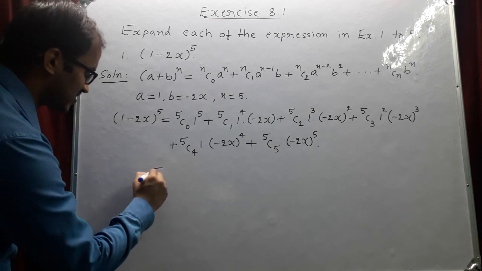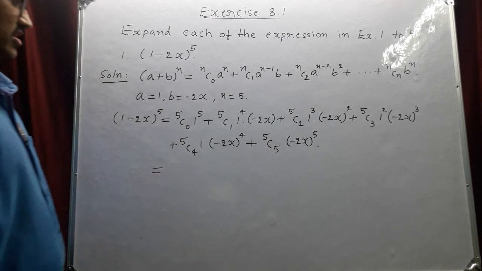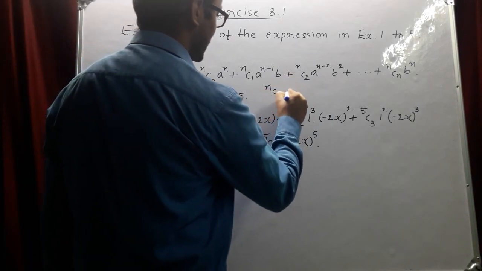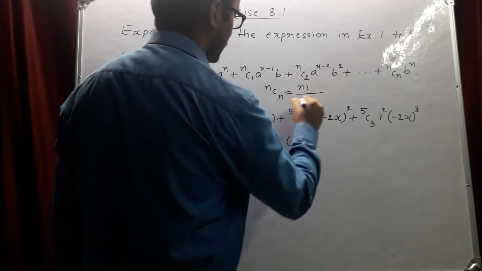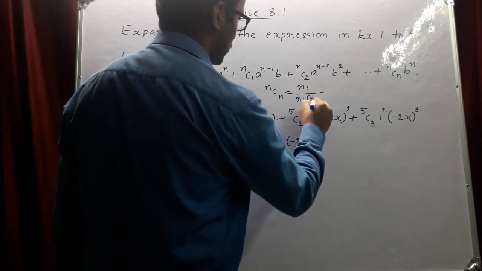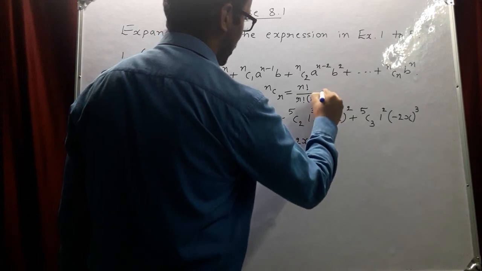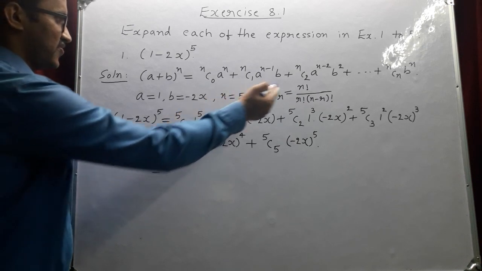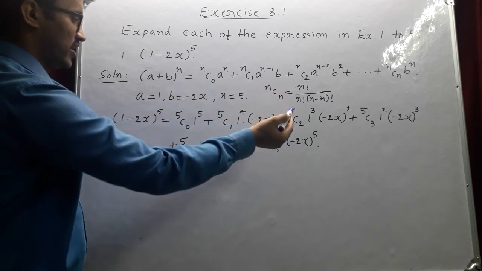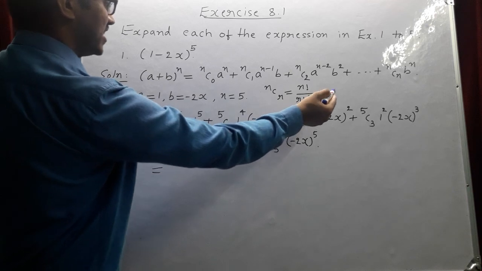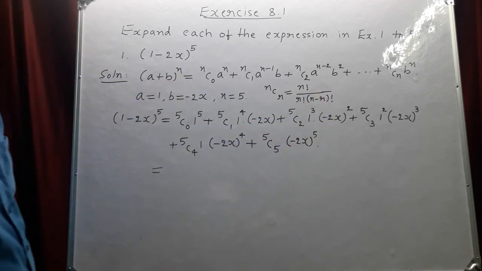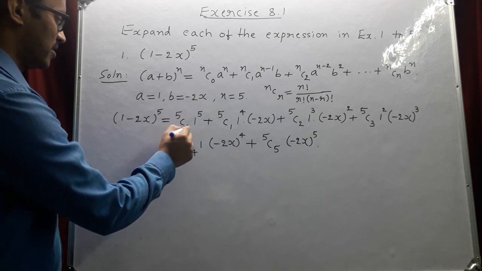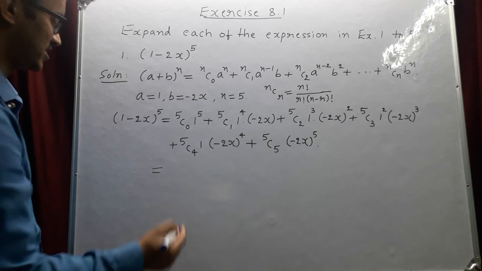So if you expand this, you should remember the formula nCr. nCr means n factorial by r factorial into (n minus r) factorial. So 5C0 means 5 factorial by 0 factorial into (5 minus 0) factorial. So that is 5 factorial by 5 factorial, so the 5C0 value becomes 1. Again, 1 power 5 means 1.